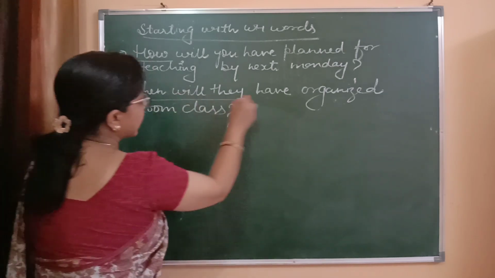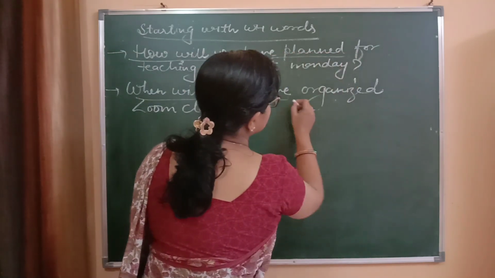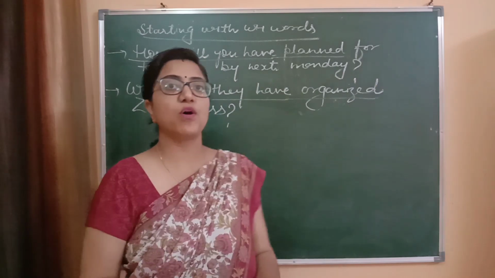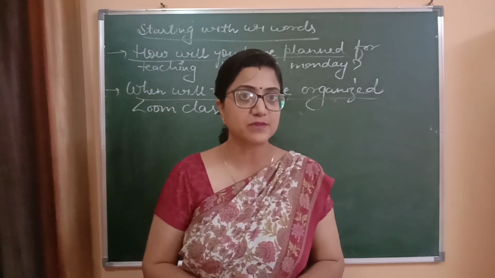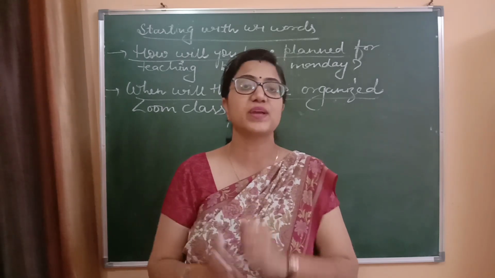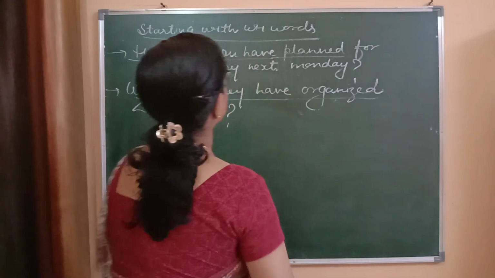Question mark. When will they have? How will you have planned? This is the rule scheme of future perfect tense. Now the simple sentence, negative, interrogative, two methods have been explained today. Now next tense is future perfect continuous.